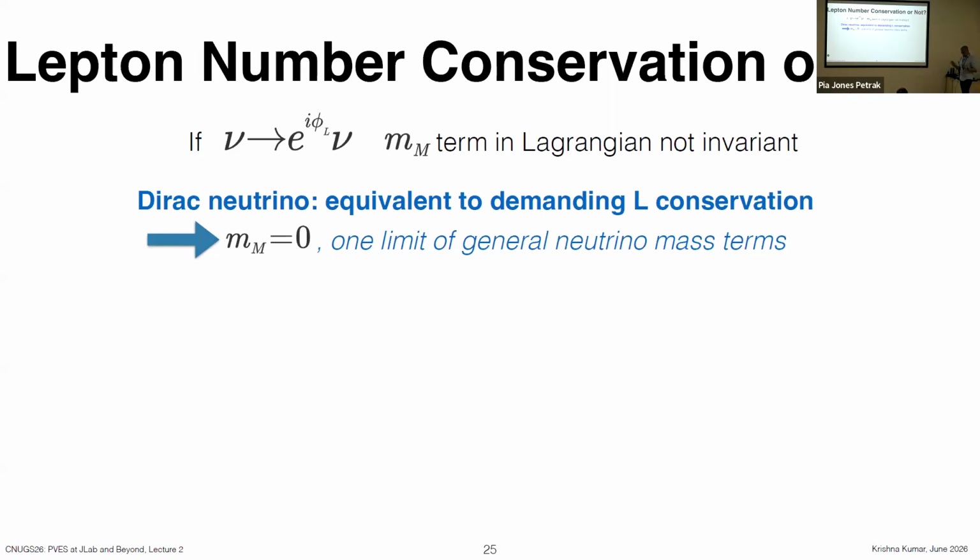So most of us believe that neutrinos are Majorana because it's actually the less demanding choice. Because if this goes to 0, you're demanding there be lepton number conservation in the electroweak Lagrangian for no good reason. So this is not the most conservative choice.